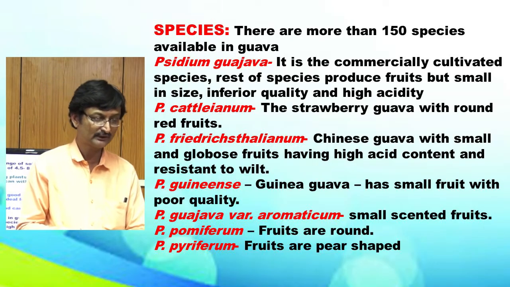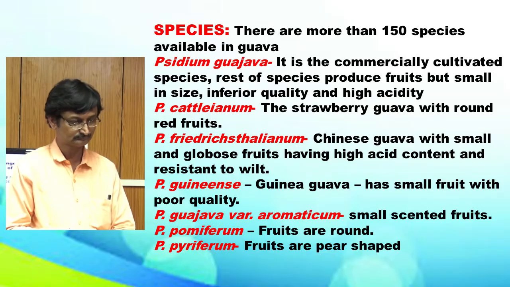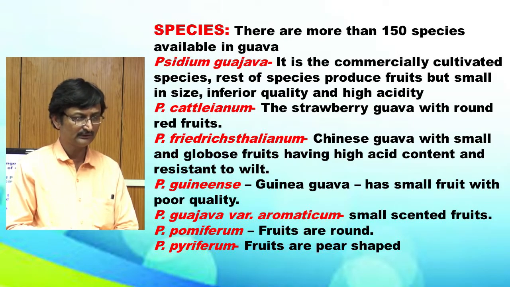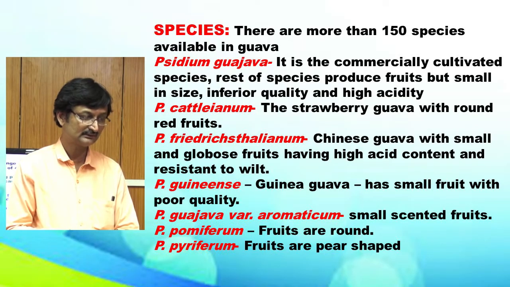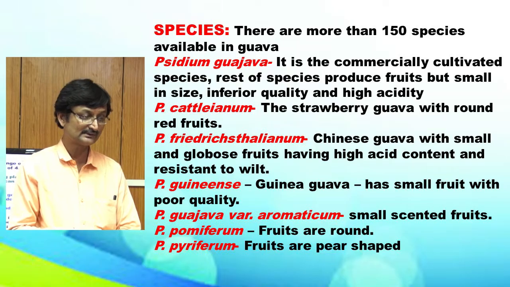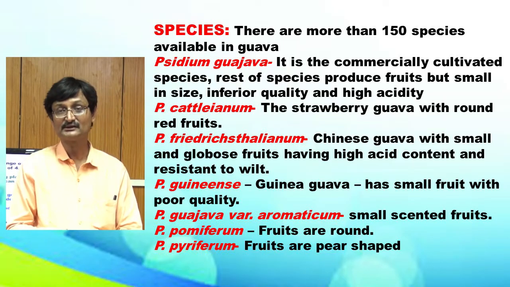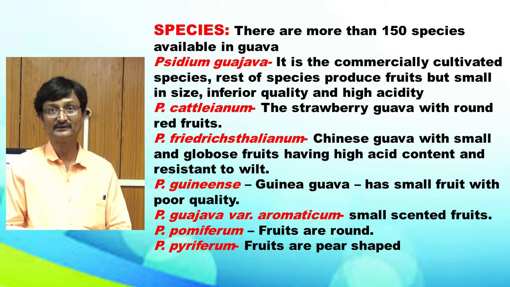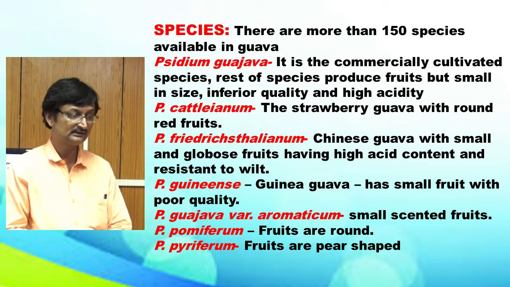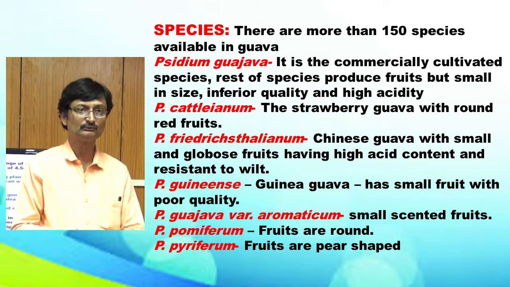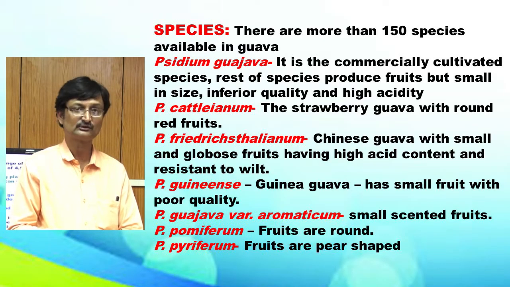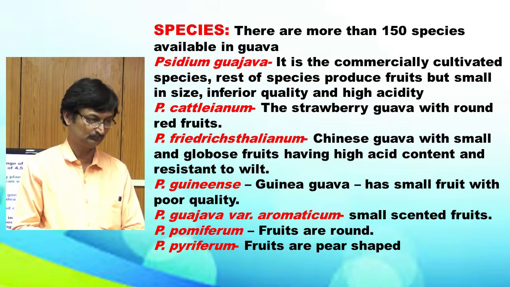This is very important from the rootstock point of view, because this Chinese guava with small and globose fruits has high acid content and resistance to wilt. Because of its resistance to wilt, it is a very suitable rootstock for guava.